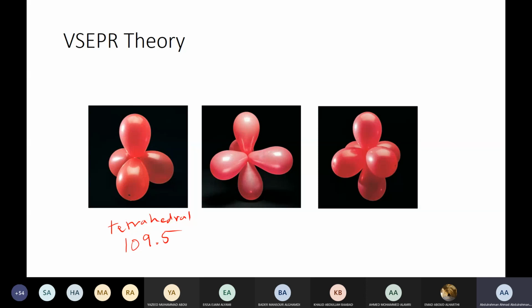Okay, what's this shape called? Trigonal pyramidal. Trigonal bipyramid. What are the angles in this one? 90 and 120.